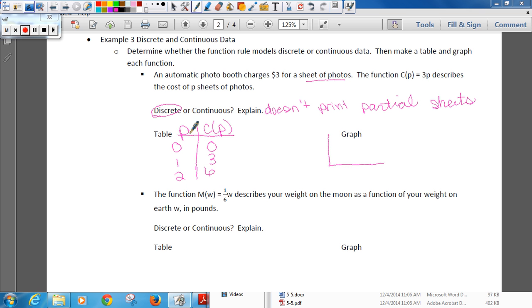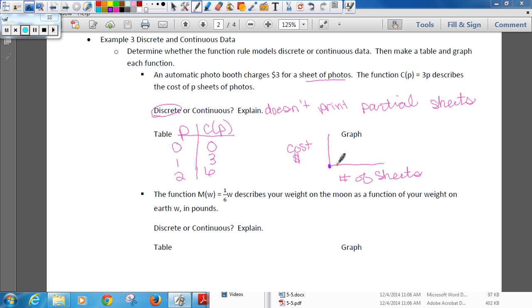Our P here, our input, is the number of sheets. And our output then is the cost. Our first point there is 0, 0.